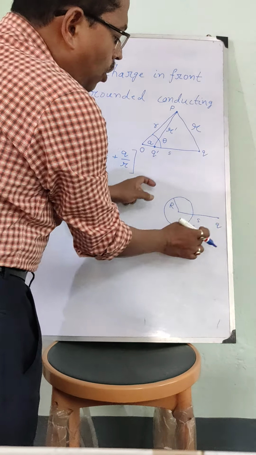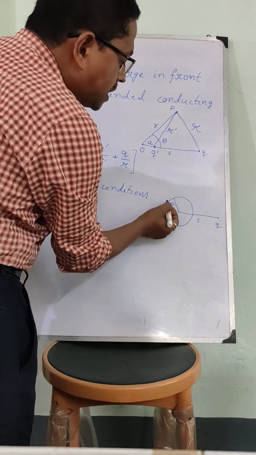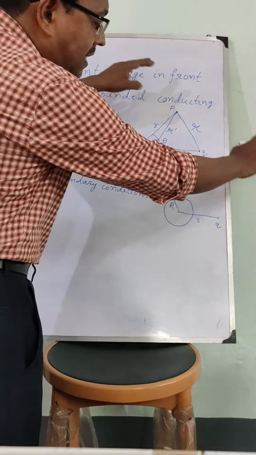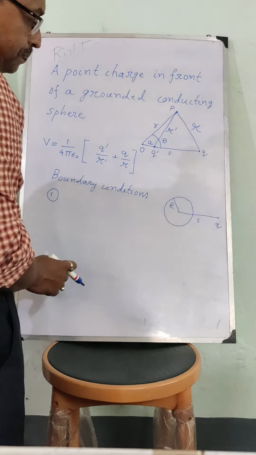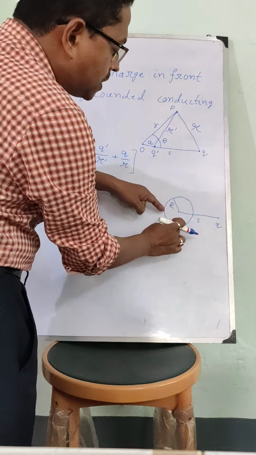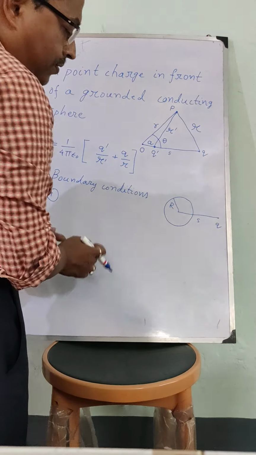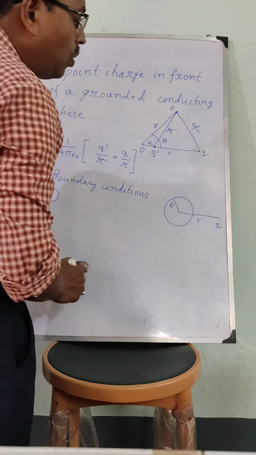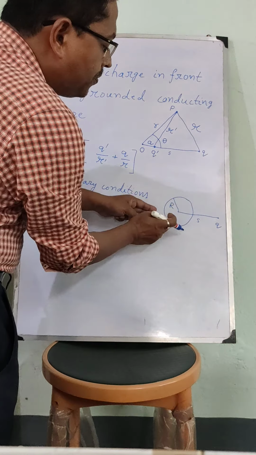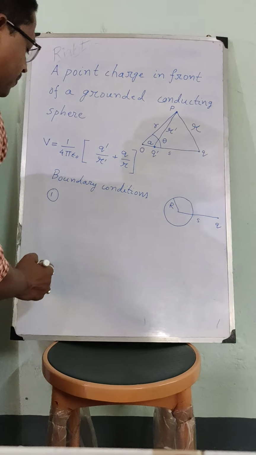So, this region of interest is bounded by the surface of this sphere and the surface lying at infinity. So, the two boundaries, one boundary is the surface of this sphere and another boundary is the surface lying at infinity. Now, on the surface of the sphere, potential is 0 because the sphere is grounded.